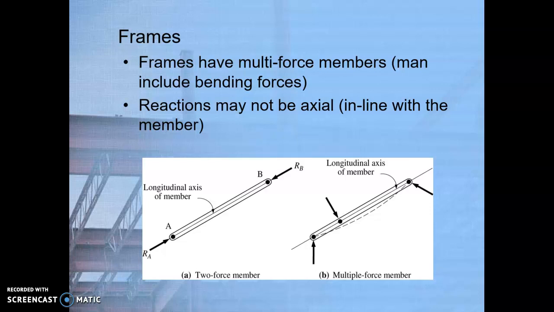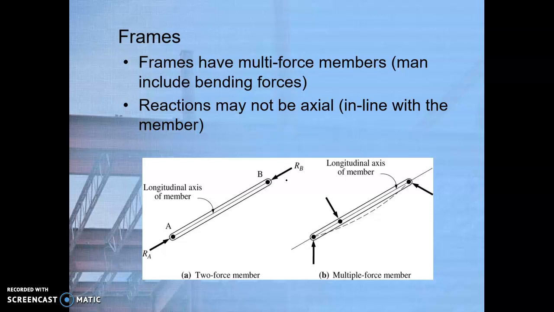they're also quite different. So the main distinguishing feature between a frame and a truss is that when we looked at trusses, we assumed that all of the connections of all the internal members were pin connections, and that none of the internal members carried any kind of bending stress. There were no moments applied to any of the members.